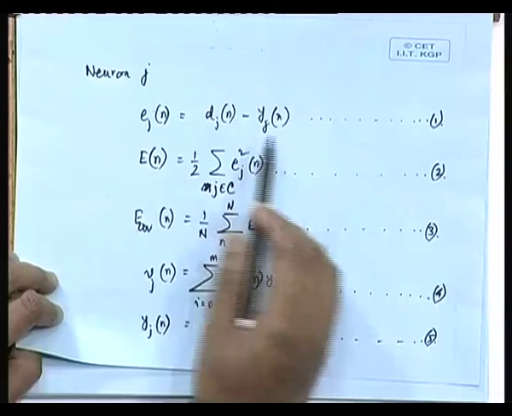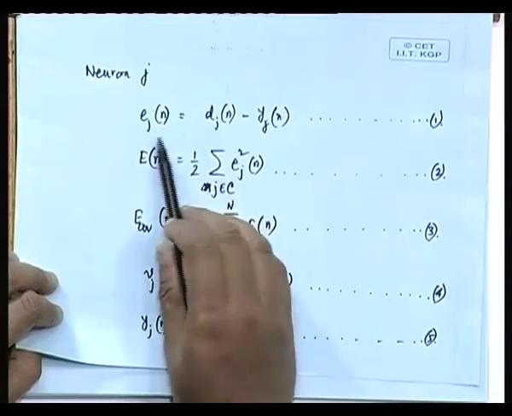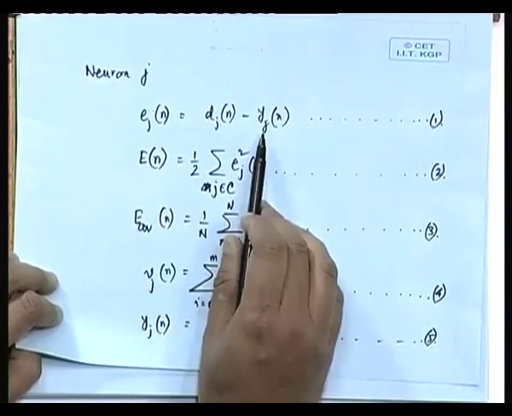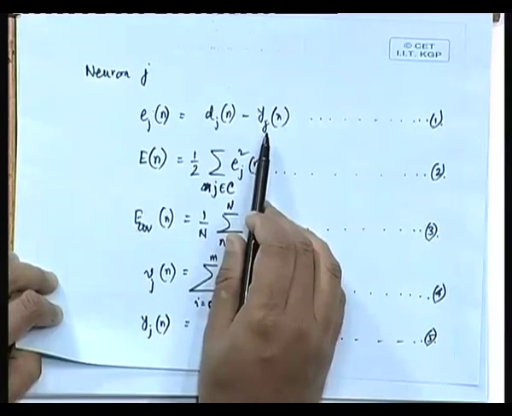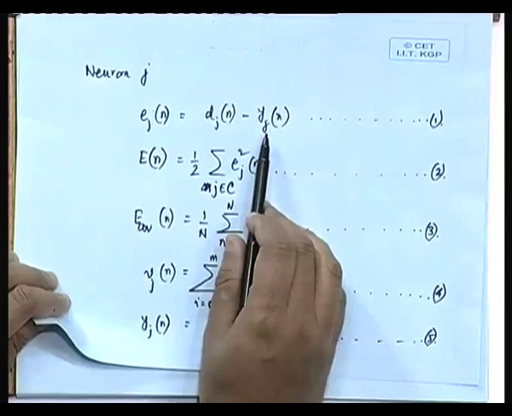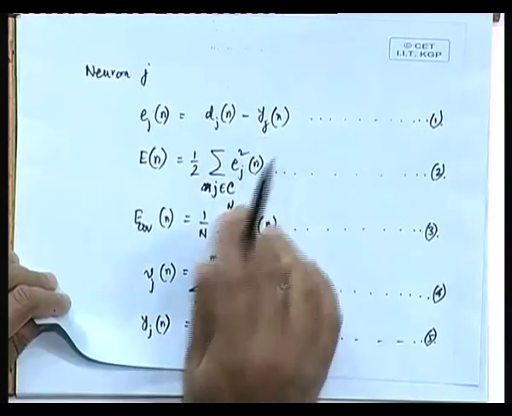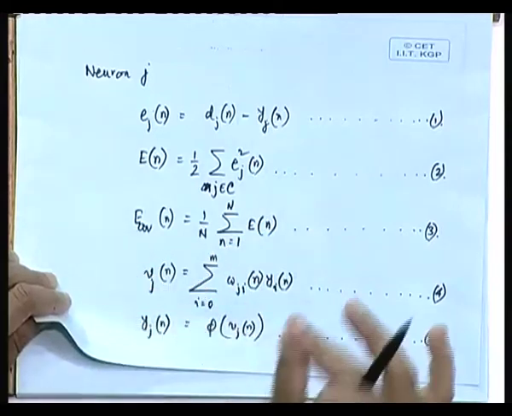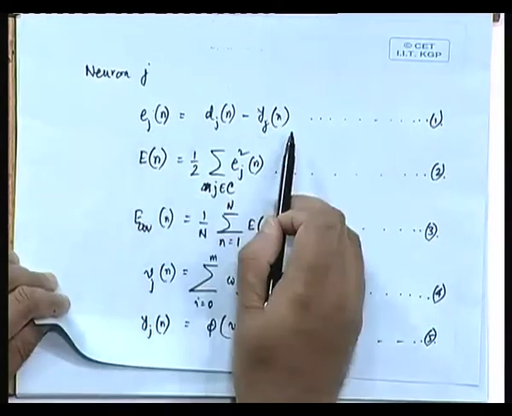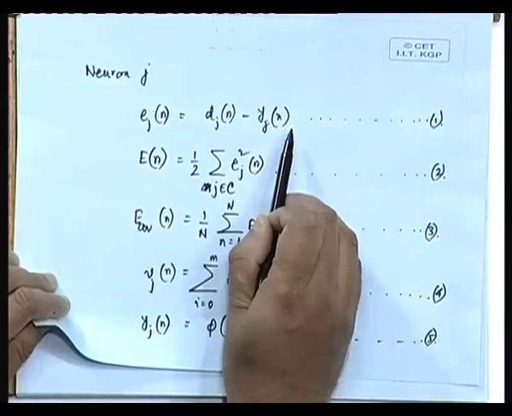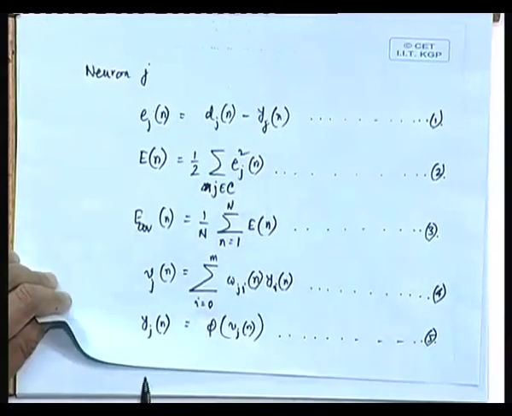Note that there is no direct relationship between dou Ej and dou Wji. So we can only calculate dou Ej with respect to dou Yj. If we write this term dou Ej dou Yj as the second expression in the chain rule, then we can calculate it very easily. In fact, it is going to be minus 1 simply.